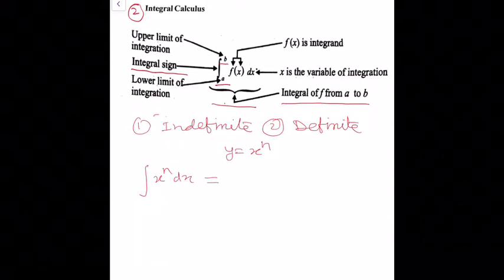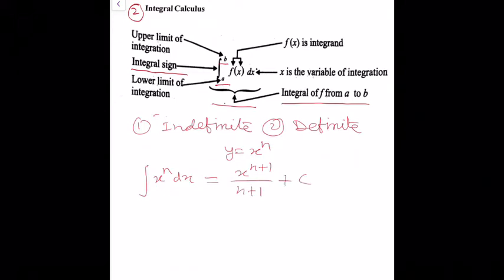After integration, we get x to the power n plus 1, divided by n plus 1, plus c. Here c is the integration constant.